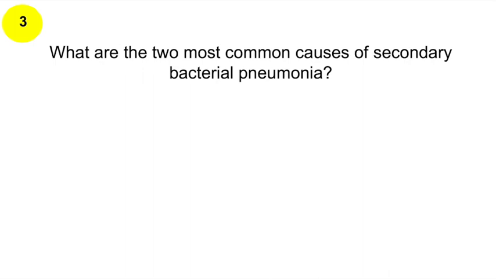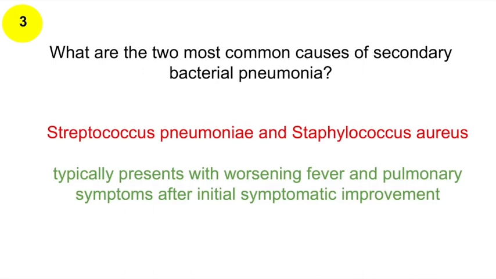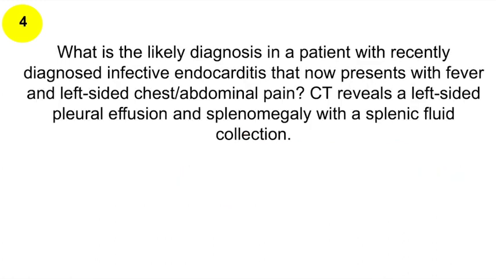So, patients with secondary bacterial pneumonia typically present with worsening fever and pulmonary symptoms after initial symptomatic improvement. What is the likely diagnosis in a patient with recently diagnosed infective endocarditis that now presents with fever and left-sided chest or abdominal pain?